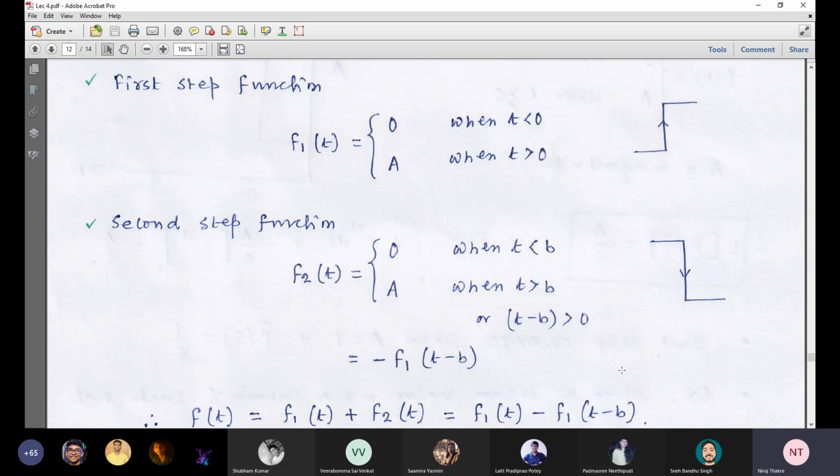Anyone else got the answer? 1 by s into 1 minus e to the power minus bs. What is this, pulse or unit pulse? Unit pulse. I am taking a equals 1 in the Laplace transform. No, no, it's not really the expression.